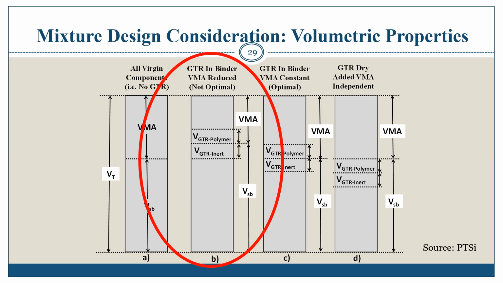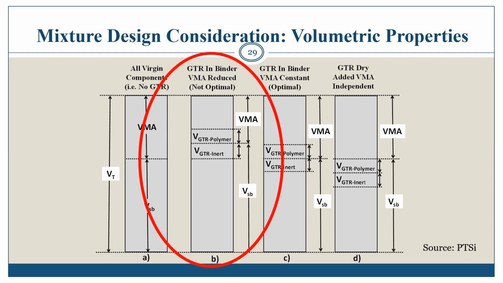Basically, GTR cannot be added to any asphalt without volume being available to accept it. There has to be room for both the GTR polymer and the GTR inert. The asphalt designer should be aware of how much volume is going to be needed per unit of GTR. GTR is an ineffective material per unit volume by comparison to typical modifiers, for example SBS.